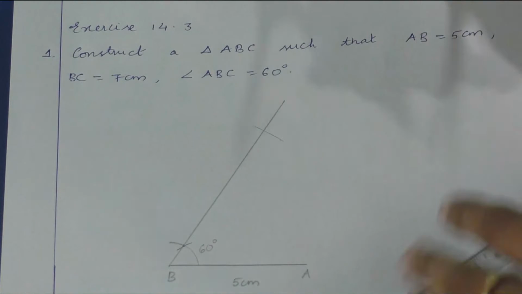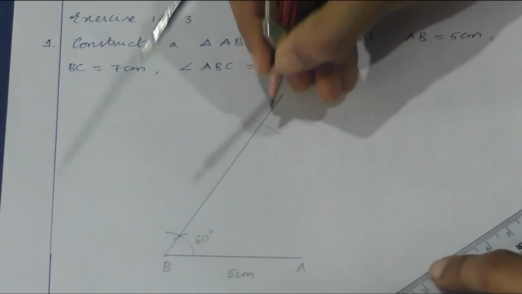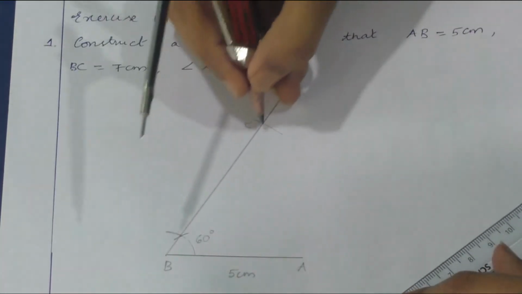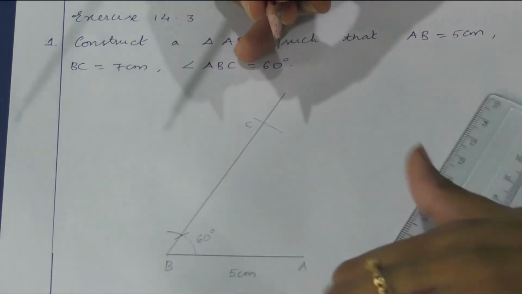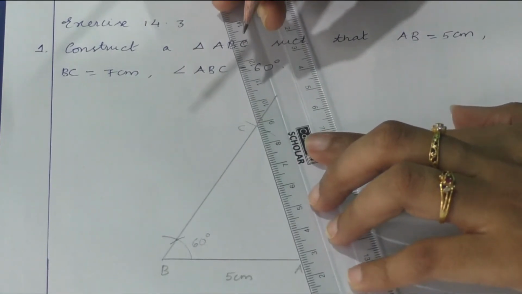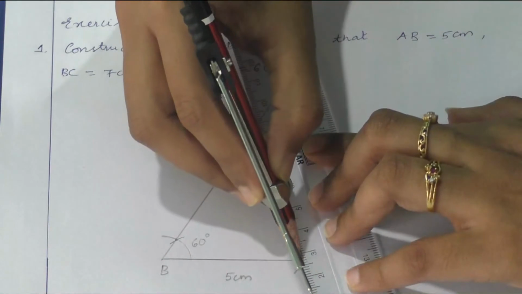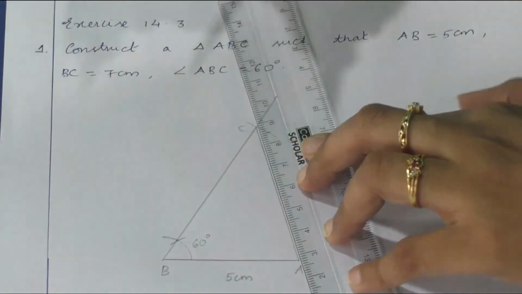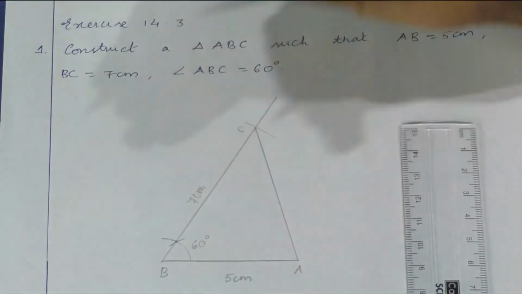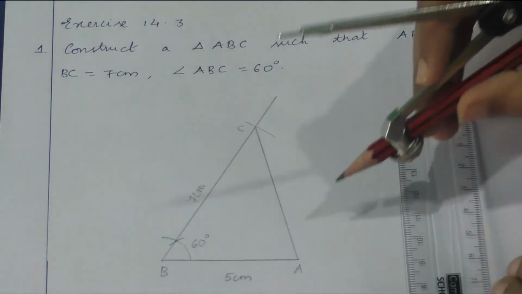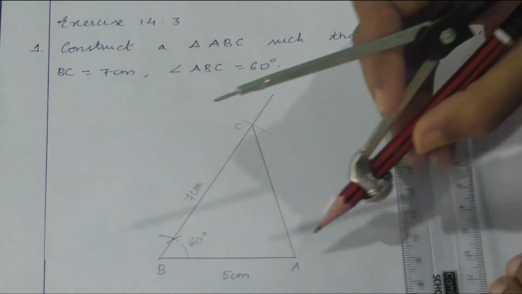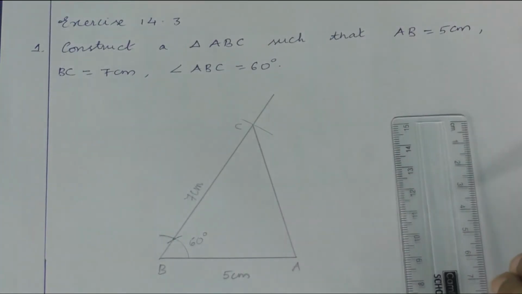Okay, so now you can mark this point as C. This is 7 centimeter and now let's join A and C. Now write all the given values and now we have AB, BC. If you want, you can even measure the length of AC.